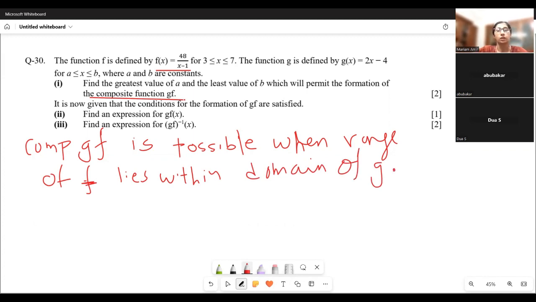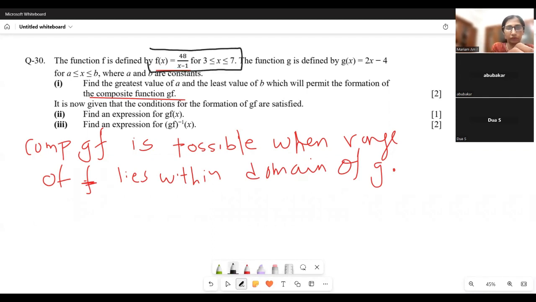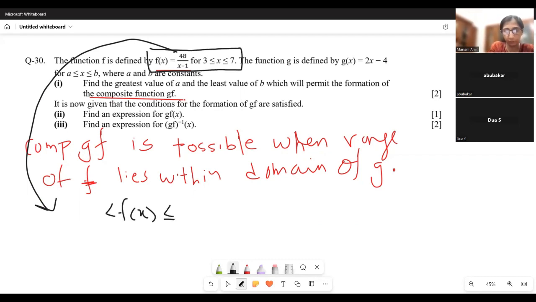Okay. So what is the range of f? What's going to be the range of this f? It's between 3 and 7. So f(x) would have value between what and what?